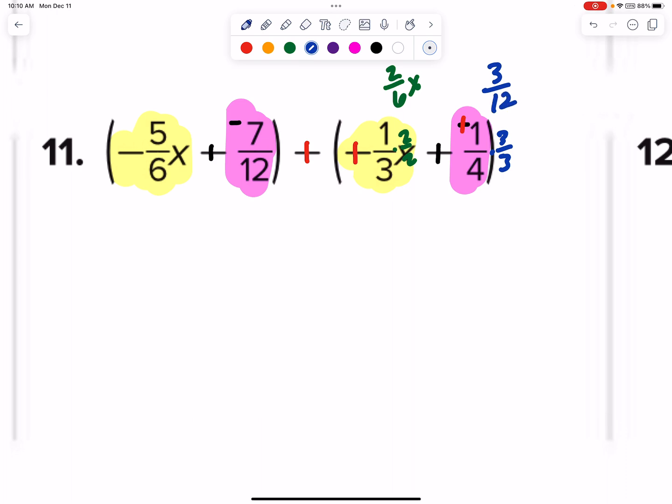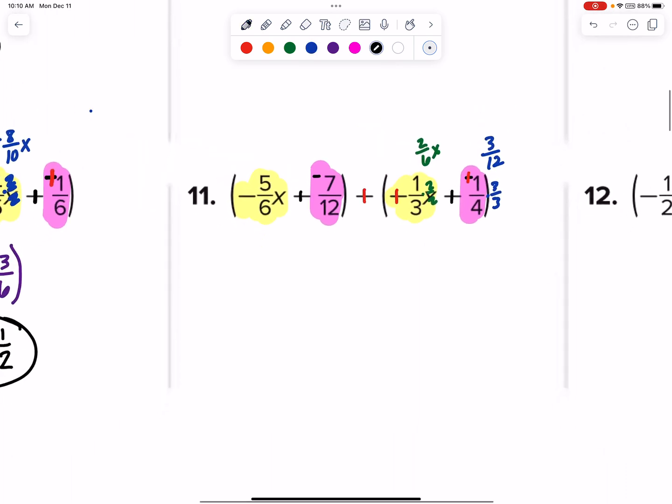So now I can go ahead and do my combining of like terms. So negative 5/6x plus 2/6x, different signs subtract. 5, 4, 3, so we have negative 3/6 x. Let's do my constant now, negative 7/12 and a positive 3/12, different signs subtract. 7, 6, 5, 4. Keep the sign of the bigger, which is negative, and there we go. But remember, we can't leave it like this.